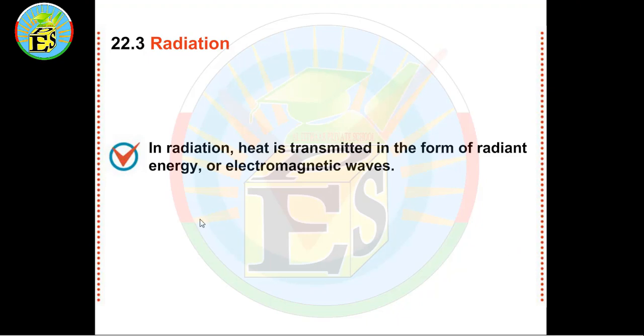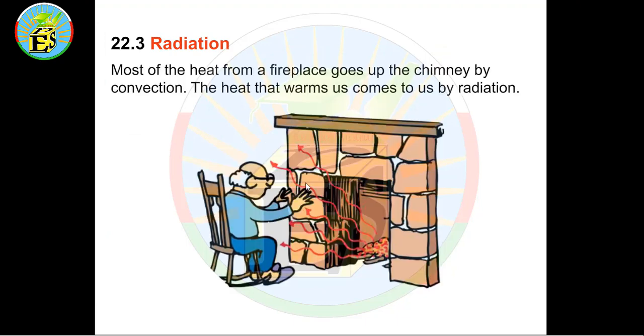The third way for heat transfer is radiation. In radiation, the heat is transmitted in the form of radiant energy or electromagnetic waves. Most of the heat from the fireplace goes up the chimney by convection.